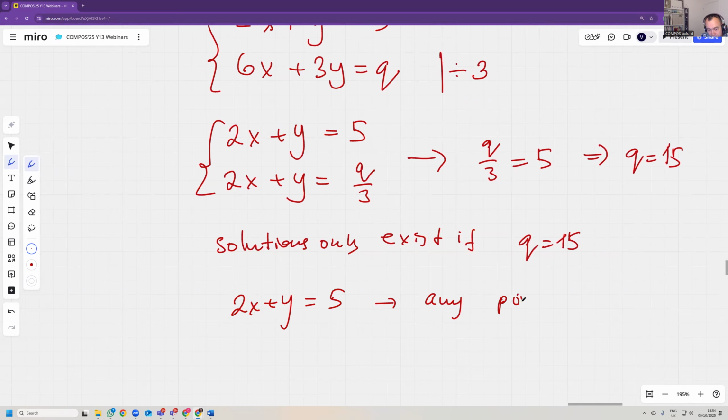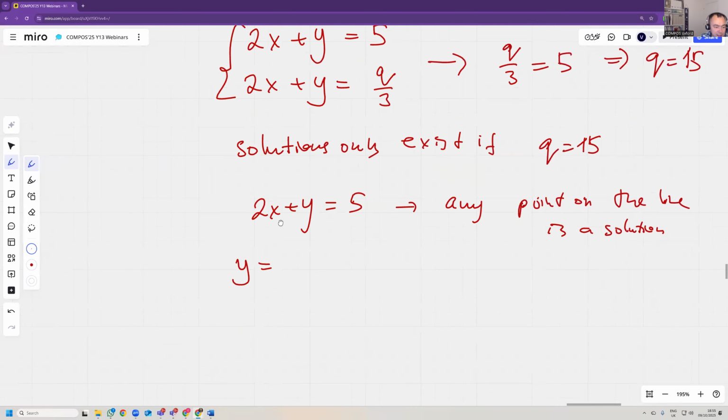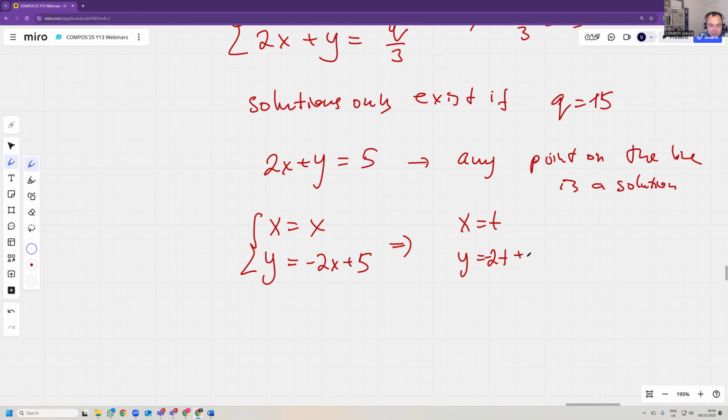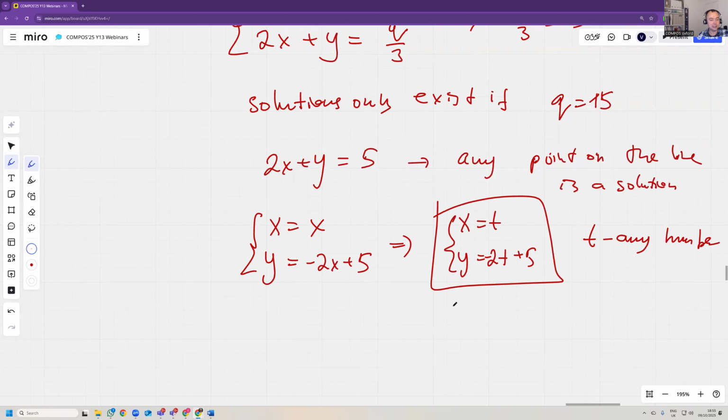Or you can say x is x and y is minus 2x plus 5. Or you can write x equals t and y equals minus 2t plus 5, where t is any real number. So yeah, that is the solution.